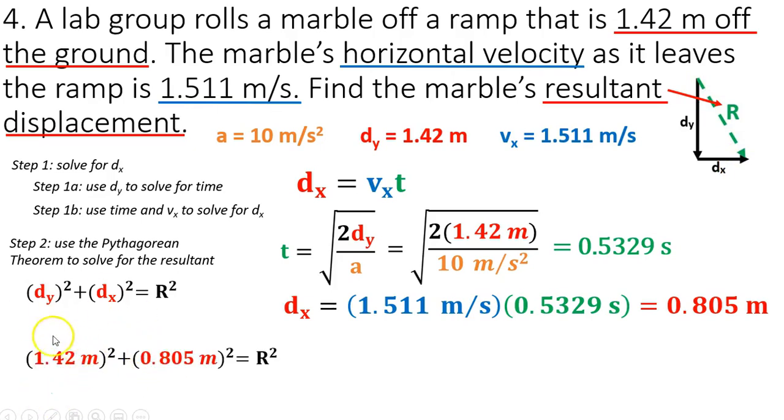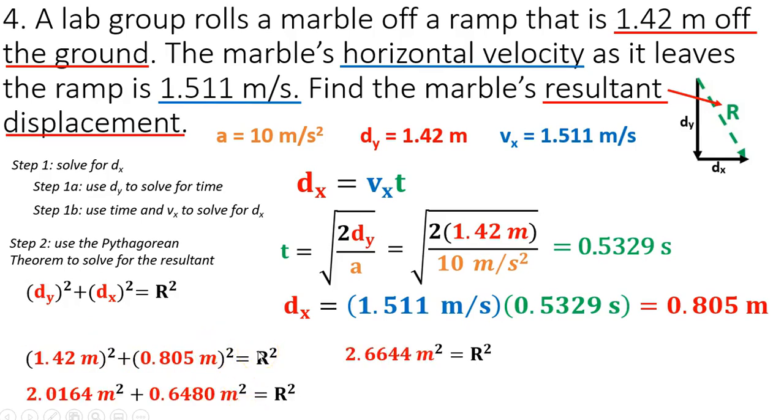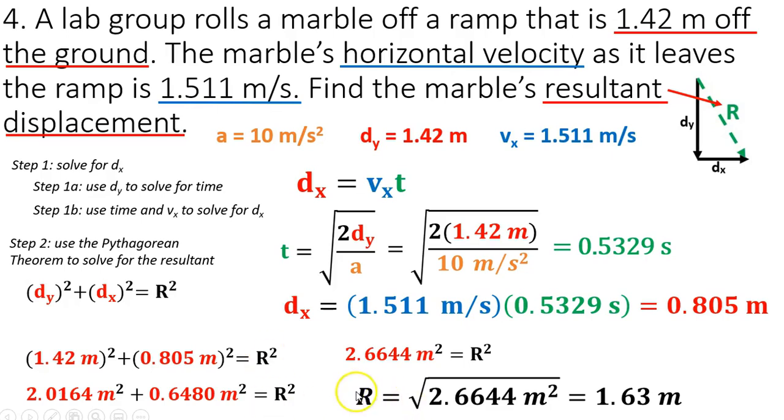Substitute in the information you know, 1.42 meters squared plus 0.805 meters squared. And here's our intermediate math. We know that our resultant is going to be the square root of 2.6644 meters squared, and ultimately our resultant displacement is going to be 1.63 meters.